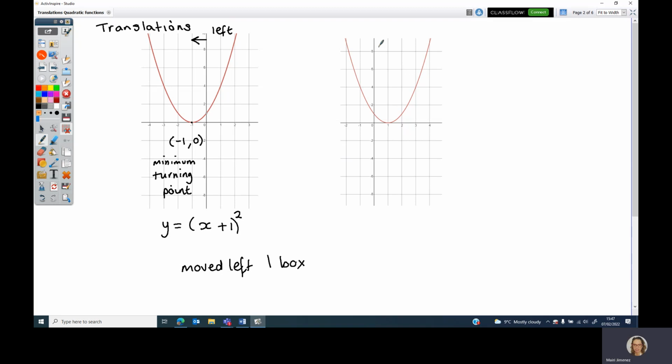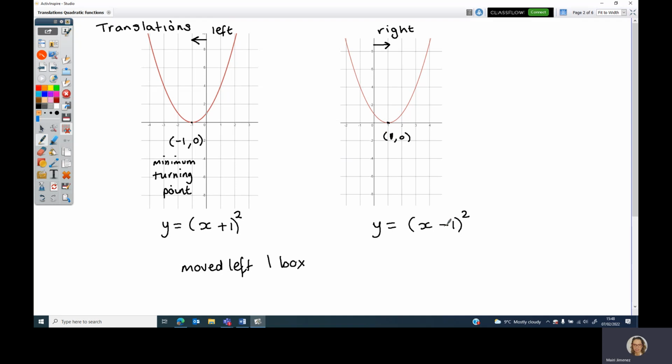The next translation is moving one box to the right. So instead of the equation being y equals x squared, it's now y equals x subtract 1 all squared, because the turning point is now 1, 0. So it's a positive 1, 0 for the turning point.